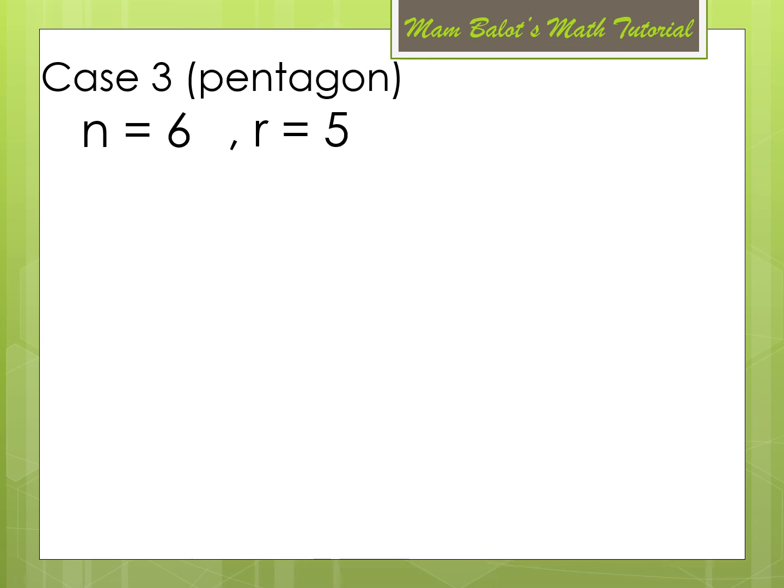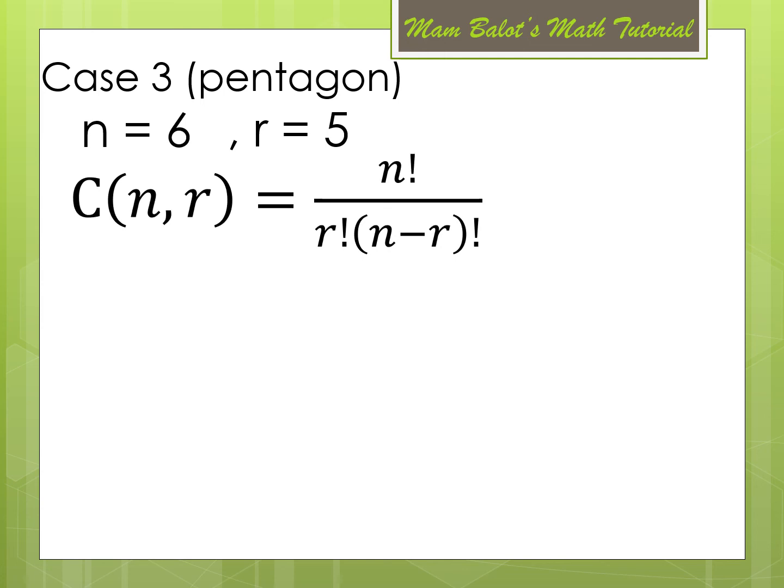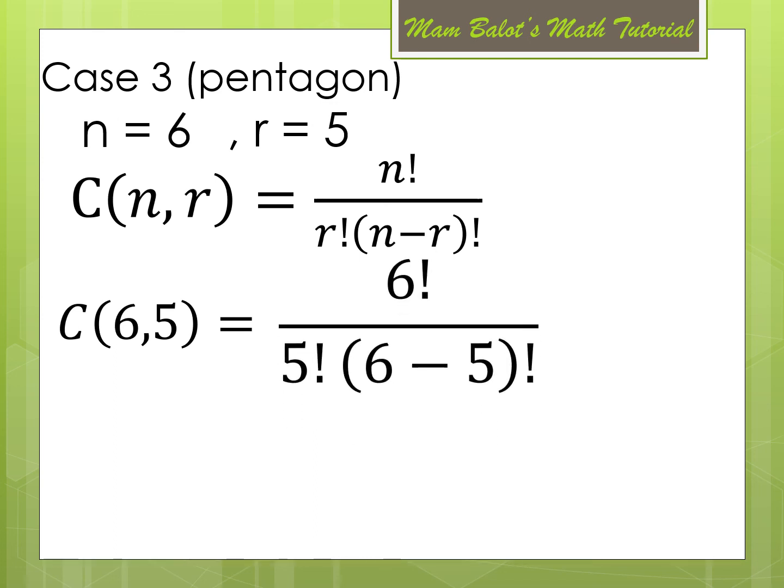Now let's move on to case number 3, which is the number of pentagons. So n is equal to 6 and r is equal to 5. So using the formula again, we have the combination of 6 taken 5, which is equal to 6 factorial divided by 5 factorial times 6 minus 5 factorial.